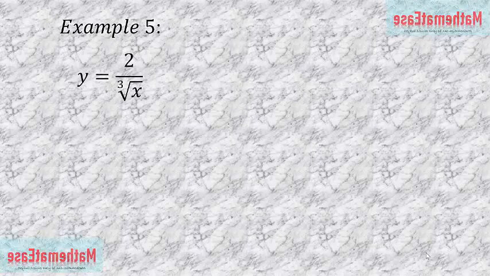Another example. This one is 2 all over cube root of x. We can rewrite this as 2 all over x raised to 1 over 3. Further, we can rewrite it as 2x raised to minus 1 over 3.